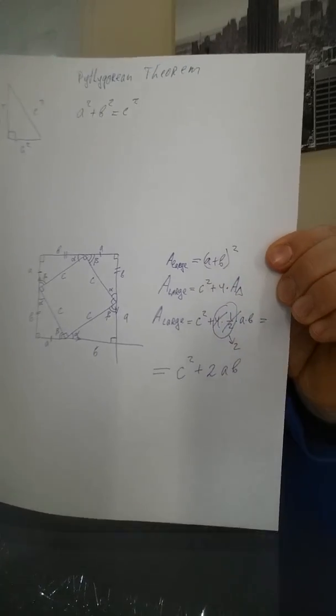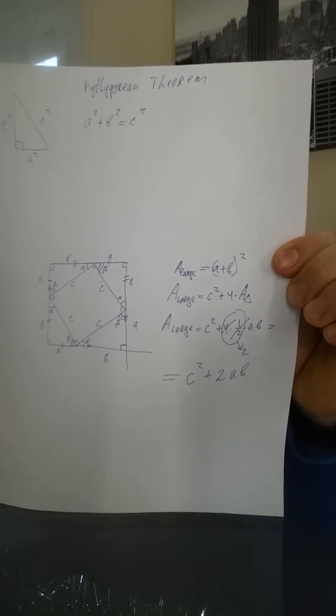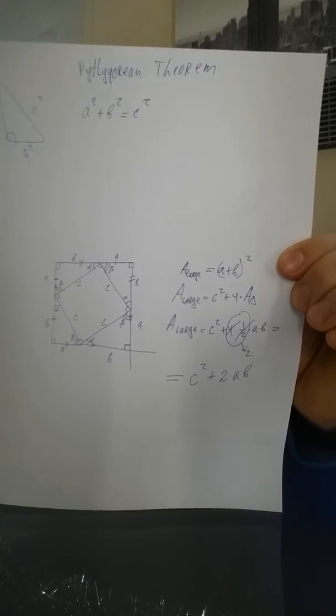So 1/2 times a times b. Well, we can reduce 4 and 1/2, it's going to come out to be 2. And basically, it ends up being c squared plus 2ab. It's fairly standard mathematics, fairly standard algebra.